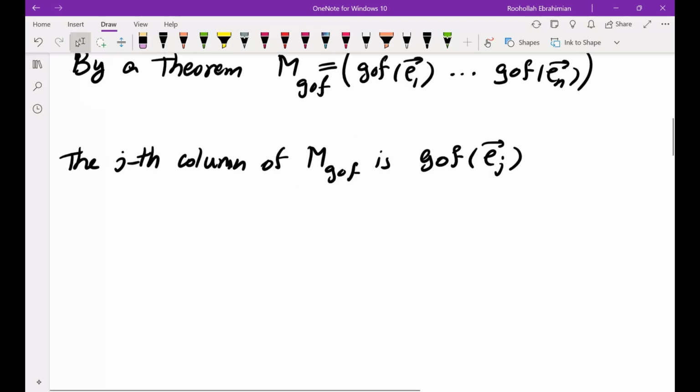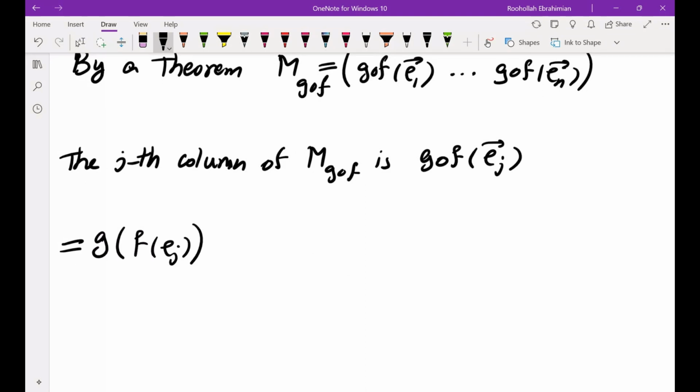Now, what is g∘f of ej? That is g of f of ej, which is the jth column of the matrix of g∘f. Now, what is g of something? g of something is the matrix of g times that vector.